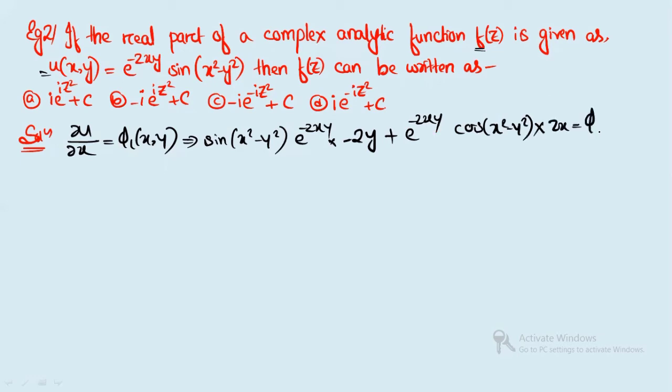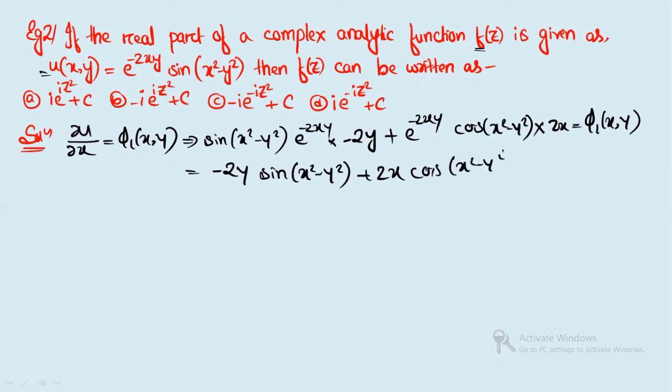This is equal to phi 1 of (x, y). So you can write it as minus 2y sine (x square minus y square) plus 2x cos (x square minus y square), and outside I'm taking minus 2xy, e to the power minus 2xy, common. It is equal to phi 1 of (x, y).